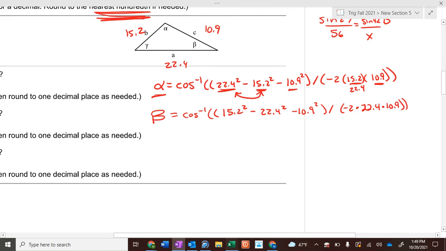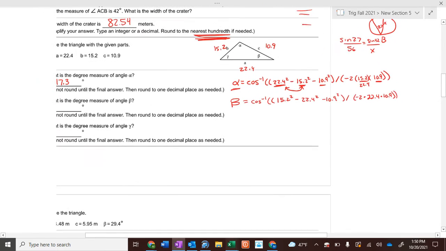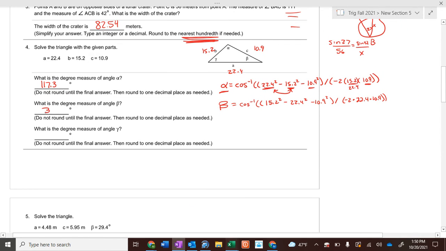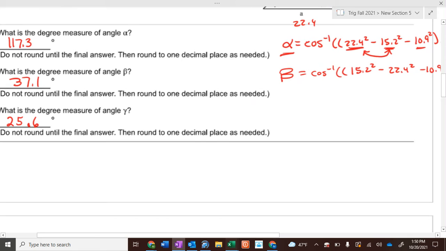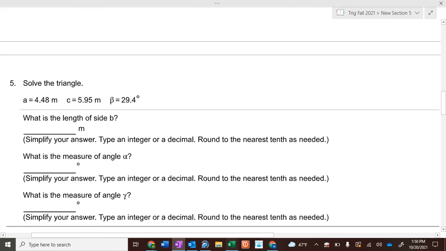What do we get? 37.1. And if this is 37.1, these two add up to 154.4, which is 25.6. Okay? That's the law of cosines in reverse when you're finding angles.